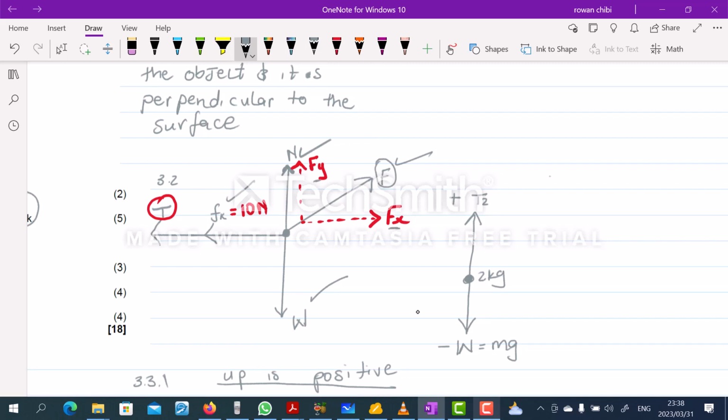Now for Newton's second law, when you apply Newton's second law in the 5 kg block, we are going to focus only on the forces.